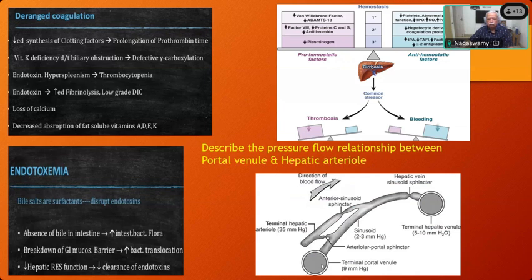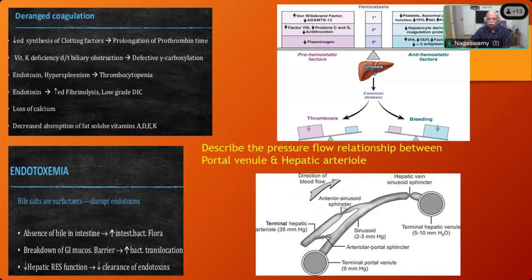These are the two sources of oxygenated blood to the hepatocytes. The pressure in the terminal hepatic arteriole is about 35 millimeters of mercury. And between the arteriole and the venule, there is an arteriolar portal sphincter. This is the mechanism by which whenever there is a drop in the pressure and blood flow in the portal vein, this sphincter will open and more blood will flow through it.